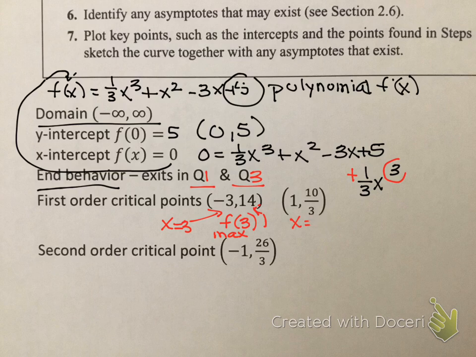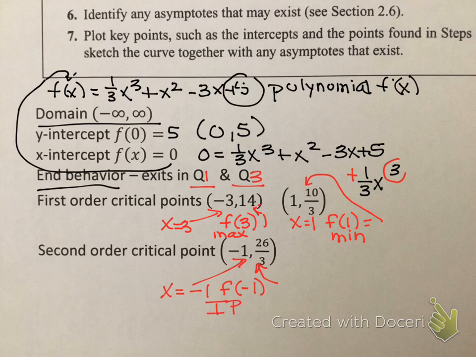When I plug in f of 1, I get out 10/3, and please remember that this was the value of the local min. My second order critical points told me that x is equal to -1, and when I did f of -1, I get out 26/3. Please recall that this was an inflection point.